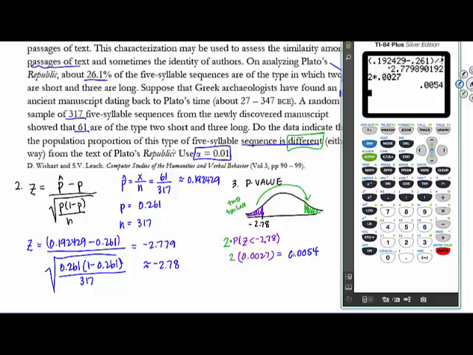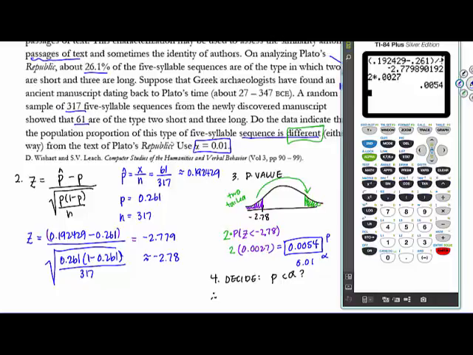So, level of significance, 0.01, p-value, 0.0054. There's p, alpha, 0.01. Is p less than alpha? That is the question. And that will help us make the decision. Is p less than alpha? Yes, p is less than alpha, therefore we can reject the null hypothesis.